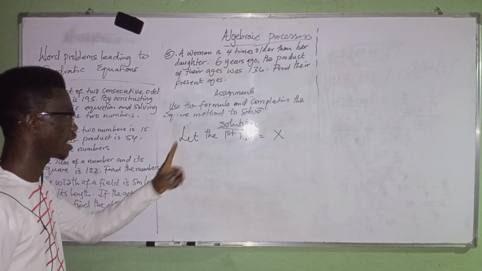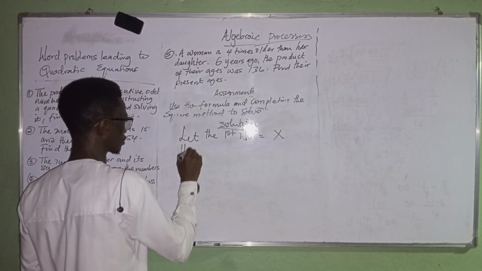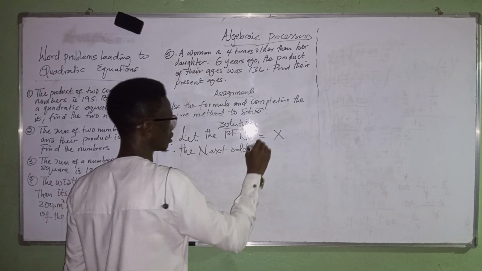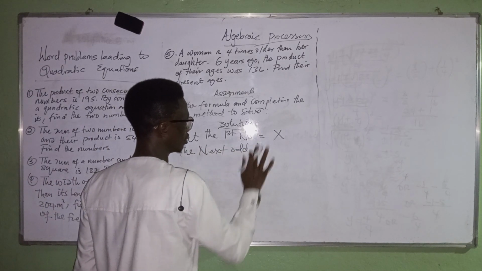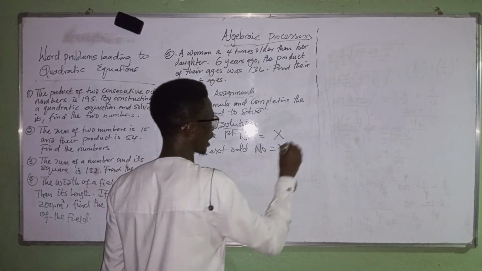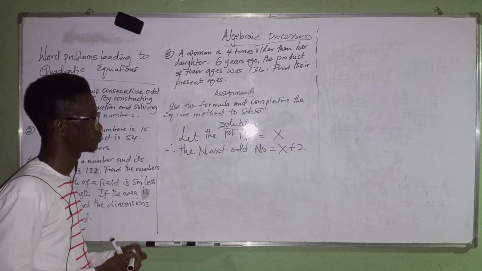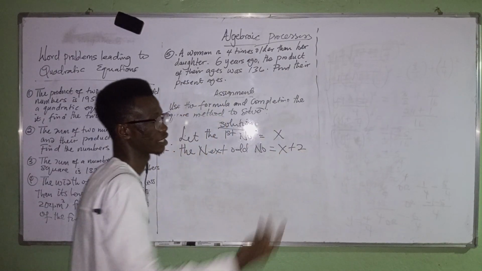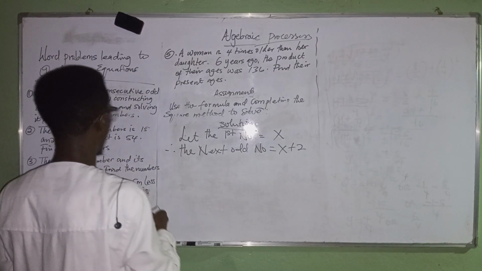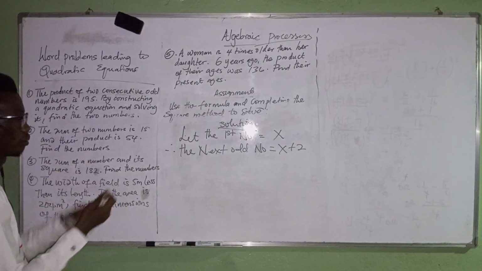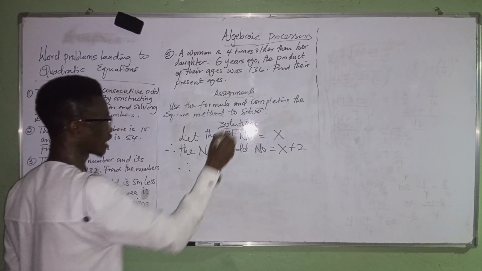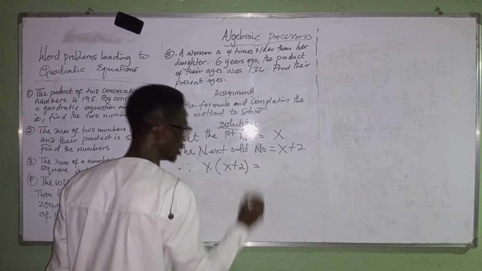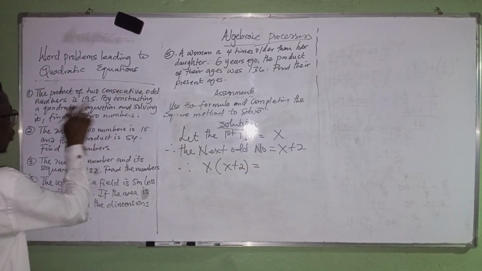Then the next odd number is going to be x plus 2. If this was 1 plus 2, you have 3. So the product is going to be x into x plus 2, which equals 195.